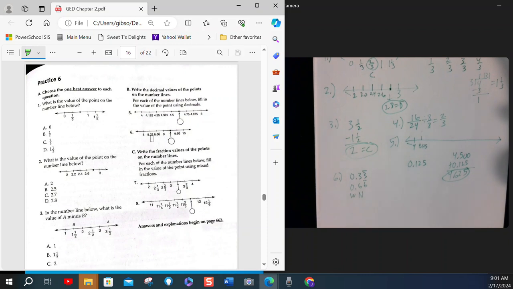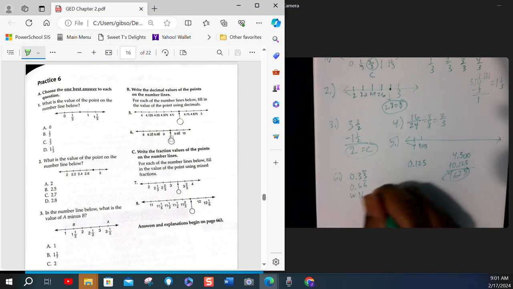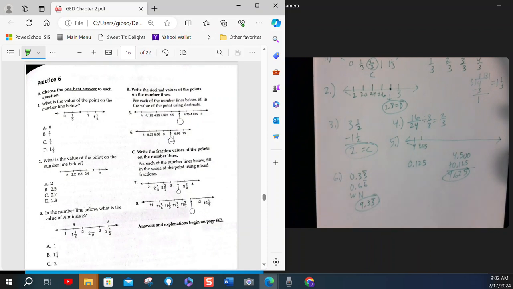So here we get 8.33, 8.66, then a whole number 9. So it'll be 9, 9.33 repeating, 9.66 repeating, and then 10, and so on. It's the same pattern. So we notice here this will have to be 9.33 repeating 3. And that would be your answer for number 6.